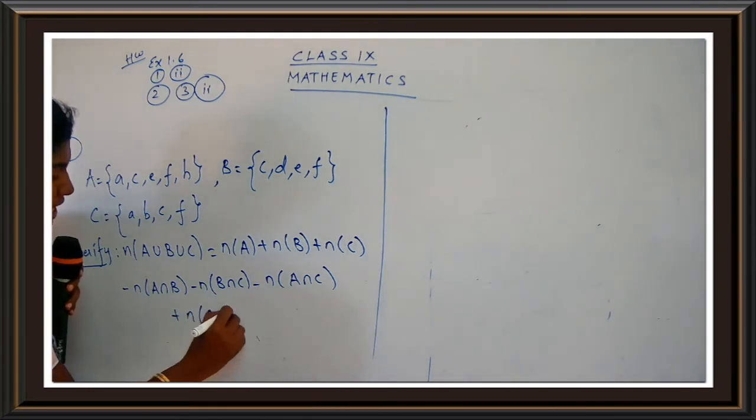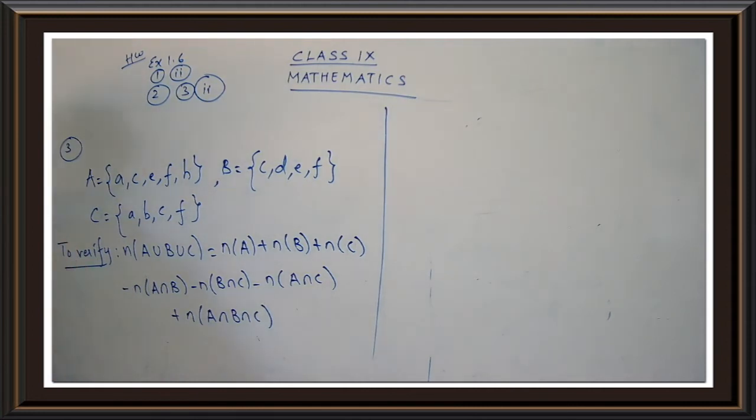Plus N of A intersection B intersection C. So this is what we have to verify.